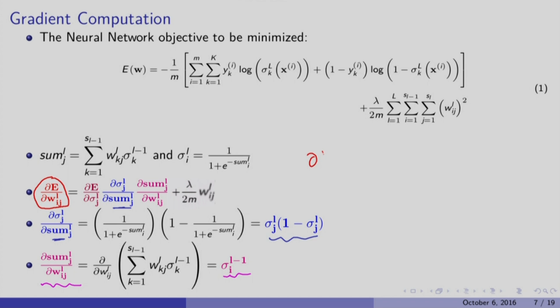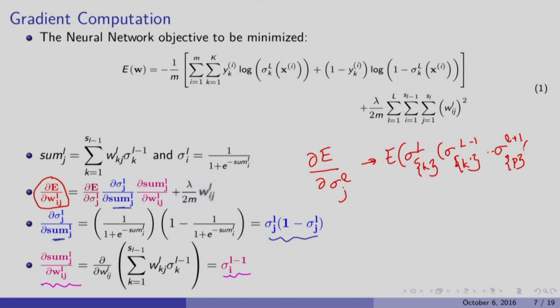and to compute this partial derivative, we again recall what we discussed in the previous slide. E is a function of the sigma at the Lth layer, which is a function of the sigma at the L minus 1th layer, and so on, which is a function of the sigma at the small l plus 1th layer, which is a function of the sigma at j at the lth layer.